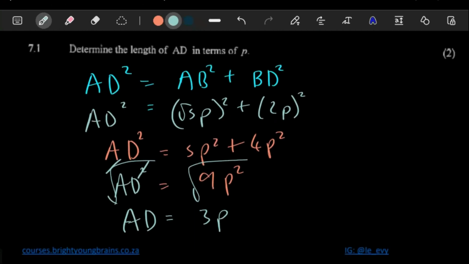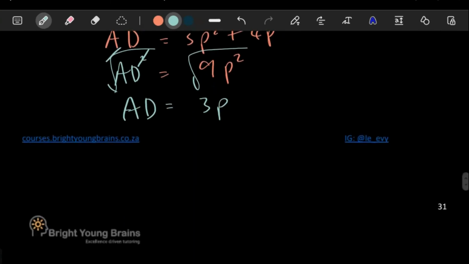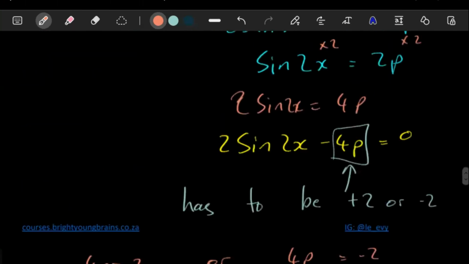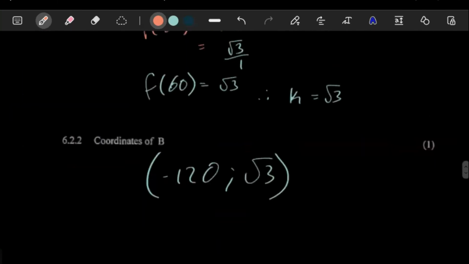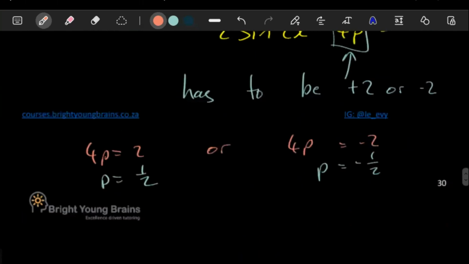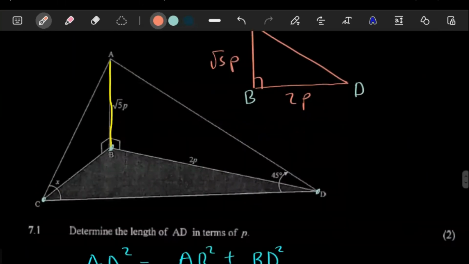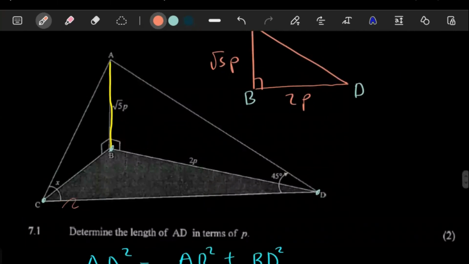Let's keep moving forward. The next question says we should show that the length of CD here is given by this expression. So in a situation like this, let's see where CD is. CD is this line over here.